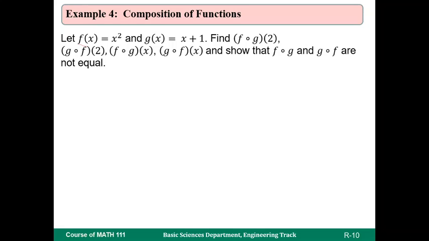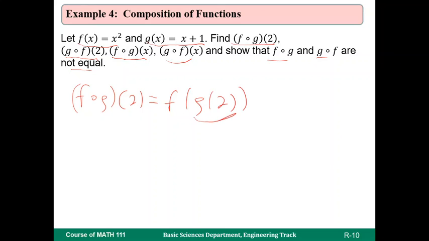Now f of x is this and g of x is this, so it says find f of g of 2 and g of f of 2 and f of g of x and g of f of x. And then show that they are not equal, sorry. By the definition of composition, this is f of g of 2.